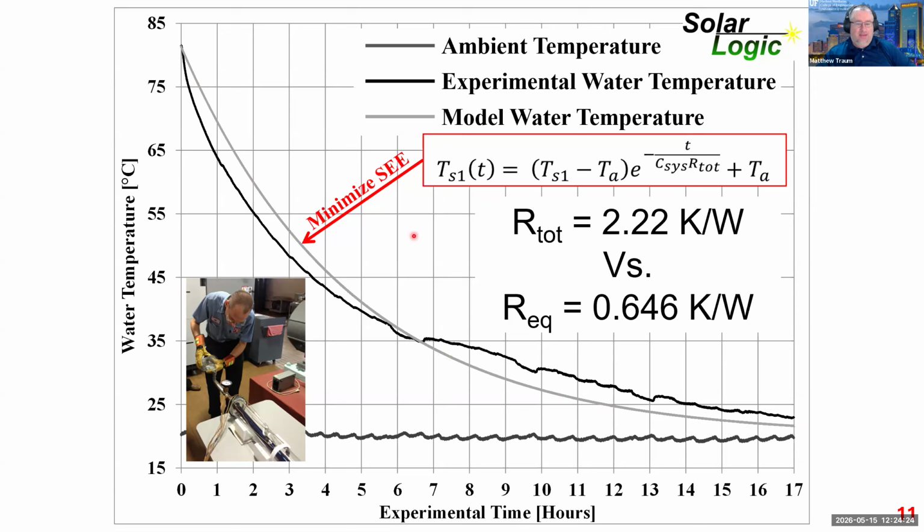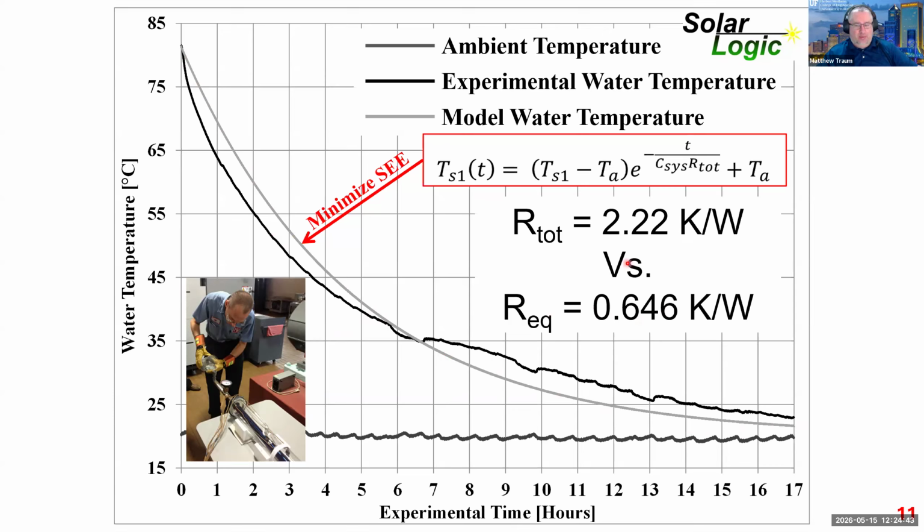I will mention that even though we calculated the ideal resistance for these HCEs to be 0.66, we found experimentally through a number of trials that the correct number is actually 2.22, and that was because we made a number of simplifying assumptions.